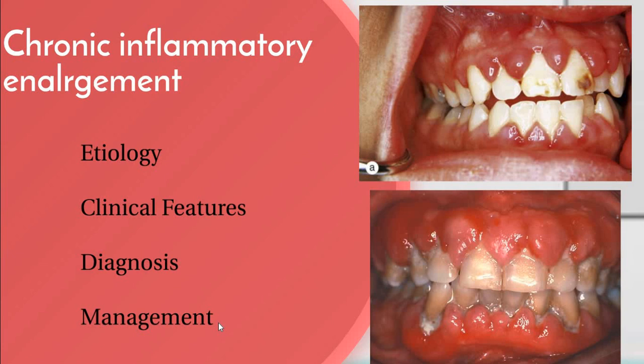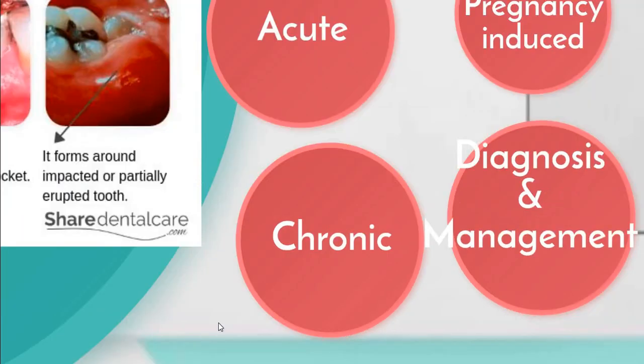The second one is antibiotics, and the most common antibiotic here is metronidazole 400 milligram twice daily. And lastly, the flap surgery. We do periodontal flap surgery when it's necessary. So this is regarding the acute and chronic inflammatory enlargement.